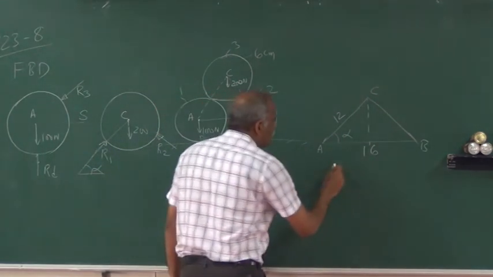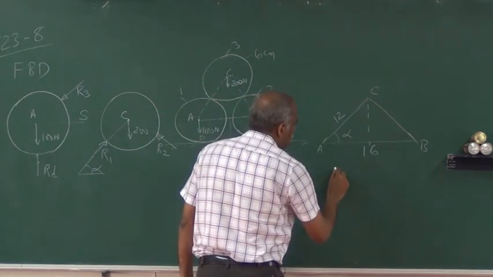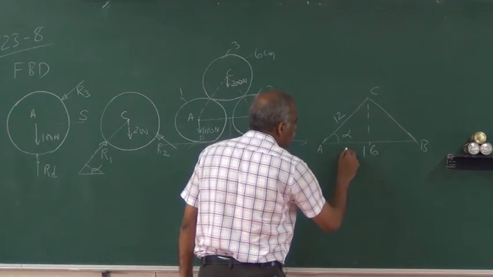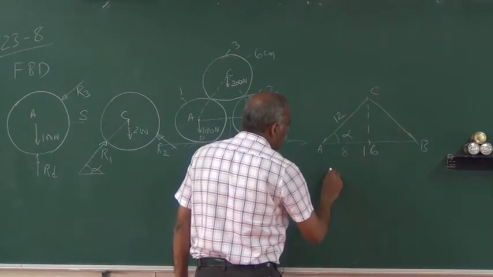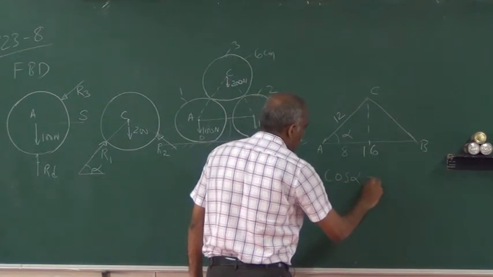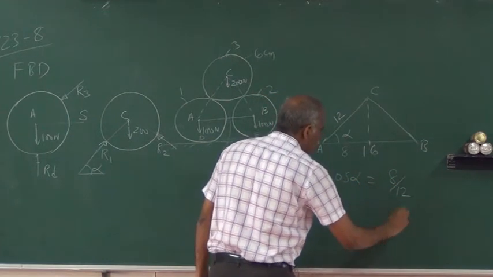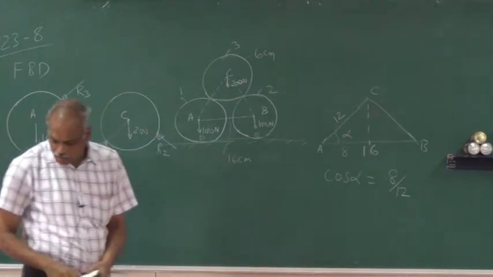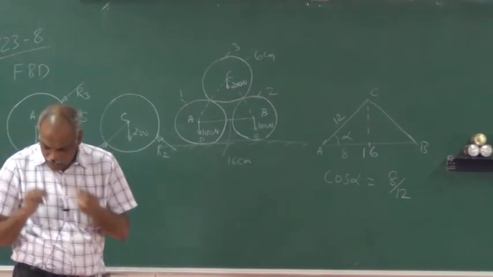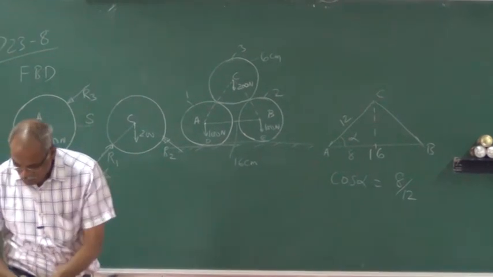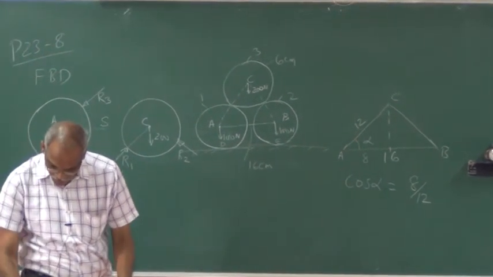So you can say that from here this is going to be 8, that is half of this. So you can write that cos alpha is equal to 8 by 12. So you can find out the angle alpha from that, is it not?